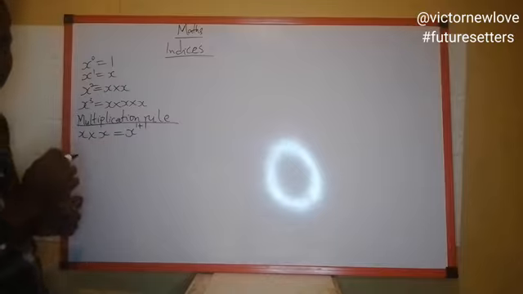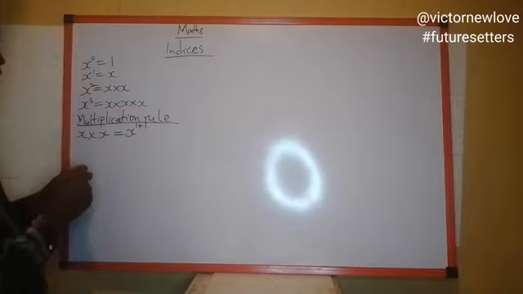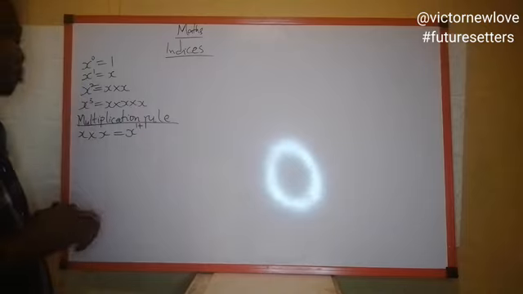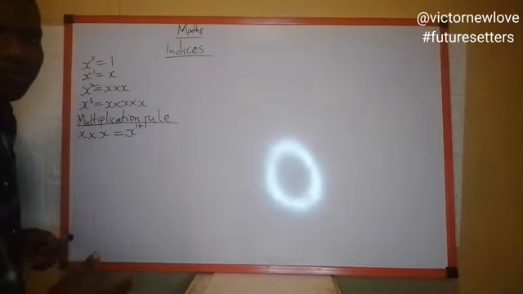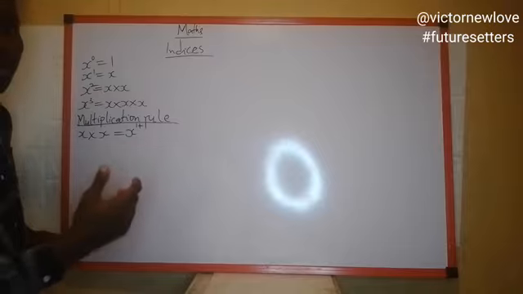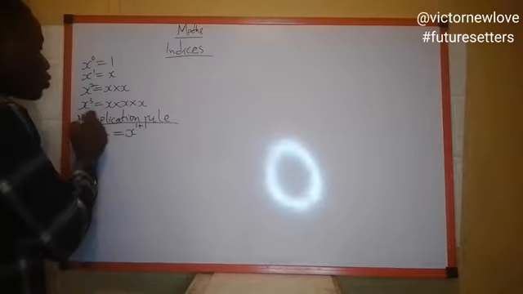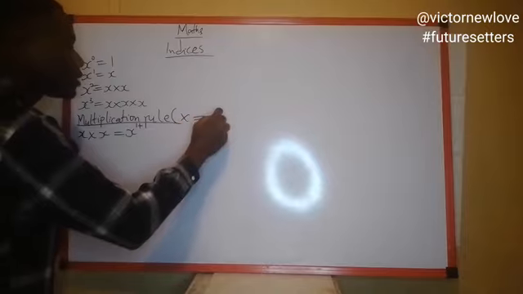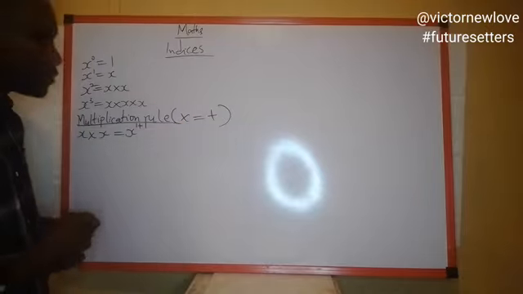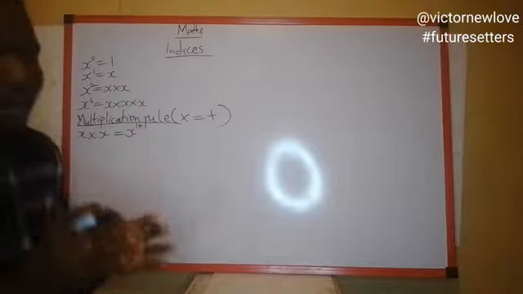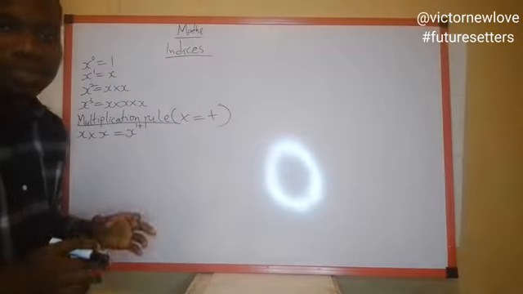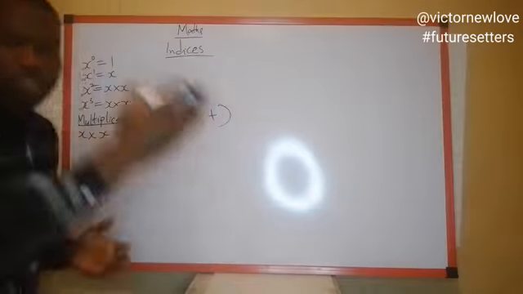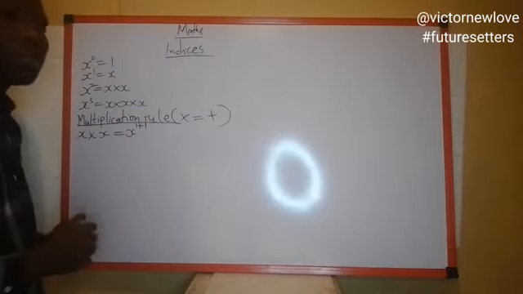So in this multiplication rule, when you have multiplication, what is it giving you? Addition. You have to convert multiplication to addition. That is the meaning of the multiplication rule.